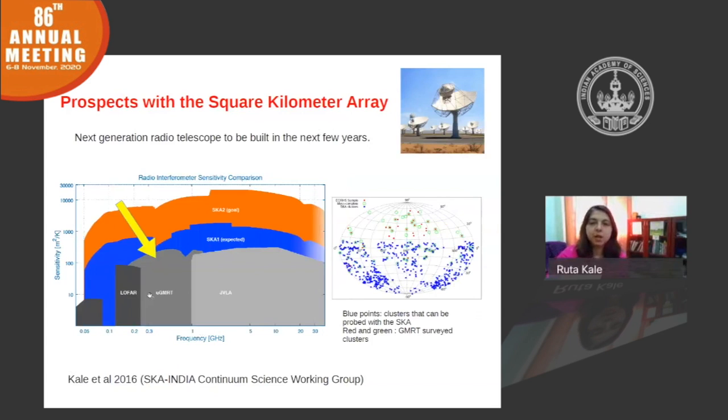In this band, we are at the moment in the competitive range of sensitivities, and our aim is to do the science with this pathfinder instrument. On the right, I have shown in blue all these points which are galaxy clusters that will be probed by the surveys that can be done with the SKA, which will be located in South Africa and Australia. So we await a huge number of discoveries.